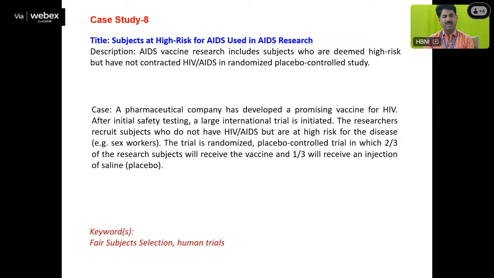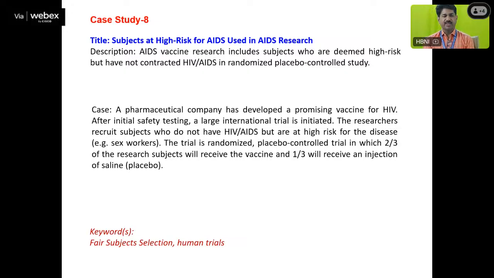But here they have only focused on a particular group of people, thinking that by using this particular population, they can find out the research results more easily. So they were not very fair during selection of the participants. So there is definitely a breach of ethical conduct during the selection of the participants.